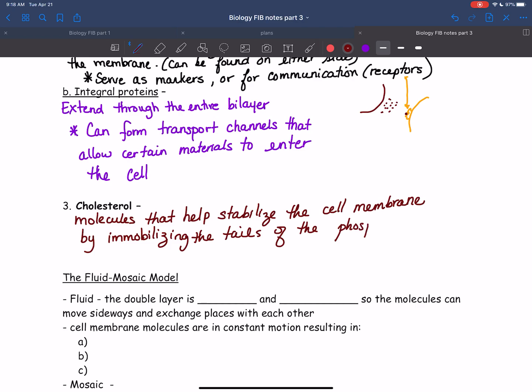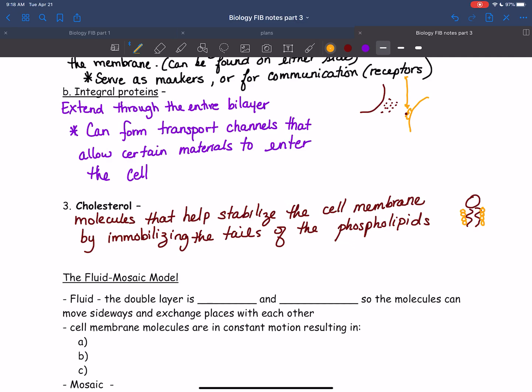So we have these phospholipids that have these fat tails, and because they're made of fat, they can be quite squishy and they can move around and they can collapse. But if I were to take some cholesterol and sort of build a little wall there, then there's only so much that those little lipid tails can collapse. So I'm immobilizing them, I'm stabilizing them.